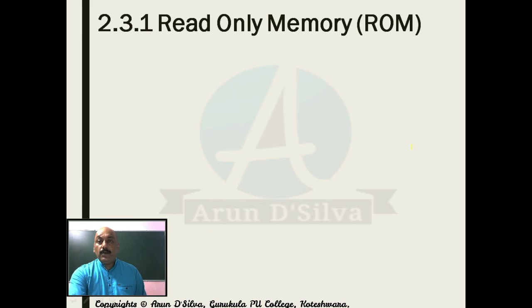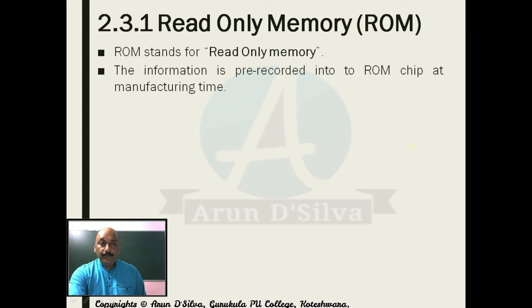Let me move to the read-only memory, that is ROM. ROM stands for read-only memory. The information is pre-recorded into the ROM chip at the manufacturing time. This is similar to RAM, but in random access memory the data keeps changing, whereas here it is not like that.